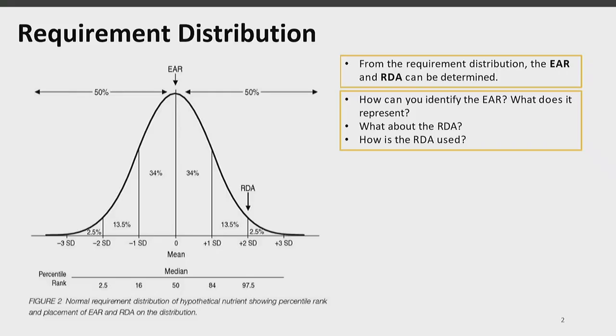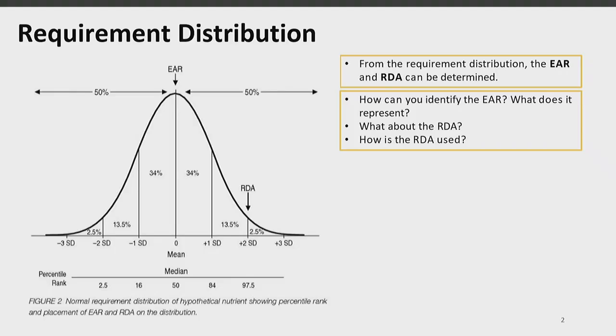So how can you identify the EAR and what does it represent? The EAR is usually that 50%. That will be the intake, and it could have a unit of gram, milligram, microgram, at which you have a 50% probability of meeting your needs. That's the EAR. And then what about the RDA?